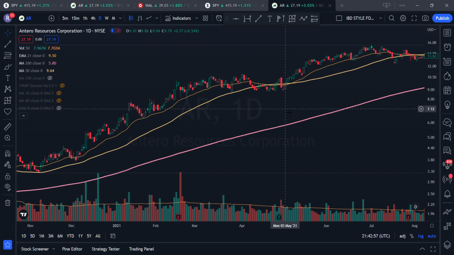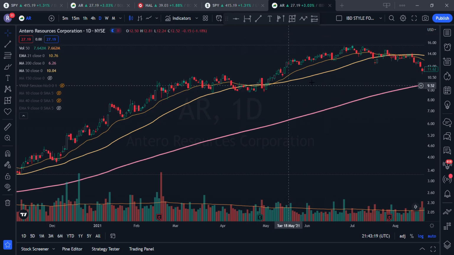But you don't want to add to your position, or even try to buy the stock, when it's that obvious to everyone. So it came down, touched the 50-day, comes back above the 50-day and 21 EMA on big volume, and then it keeps going.